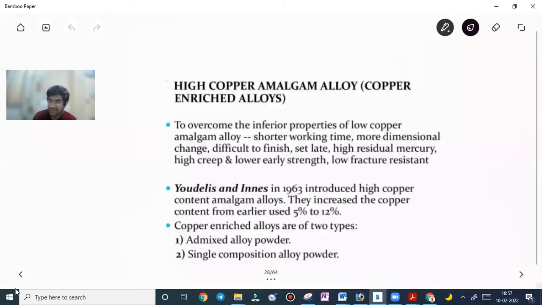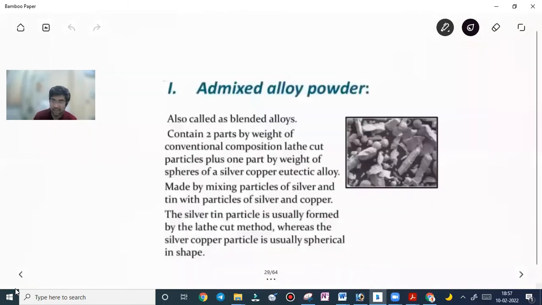Now, what are the types of high copper alloys? There are two types: one is the admixed alloy particle and the second is the single composition alloy. The admixed alloy powder first originated in 1963. It contains 2 parts by weight of conventional composition lathe cut particles plus 1 part by weight of spheres of silver copper eutectic alloy.